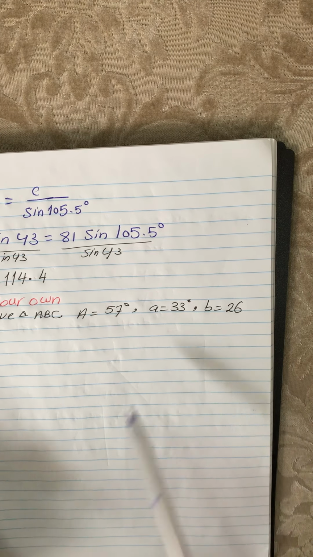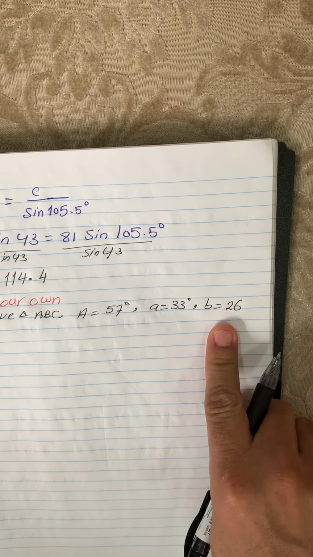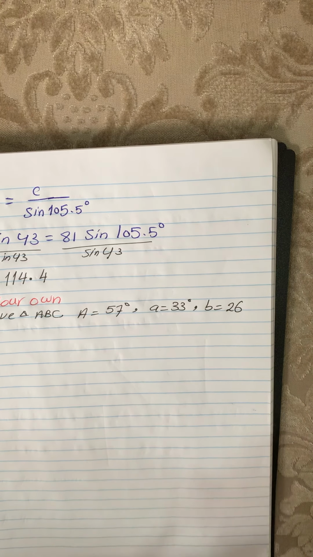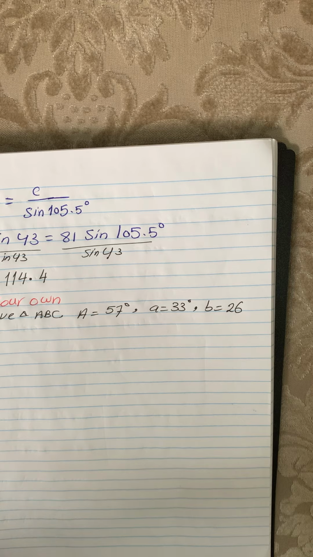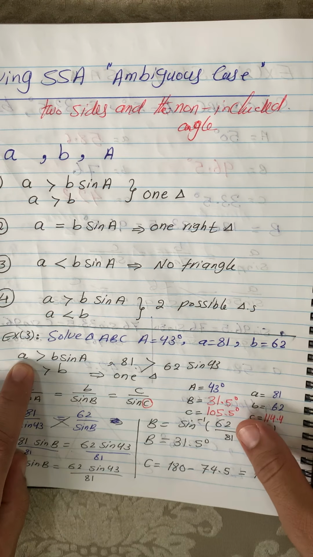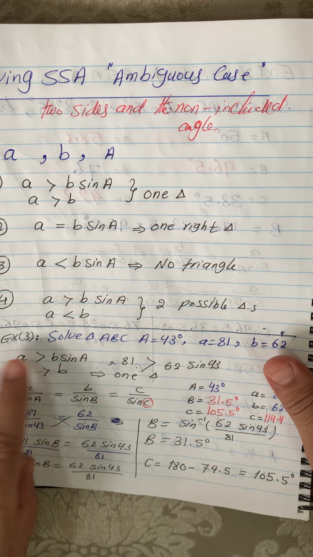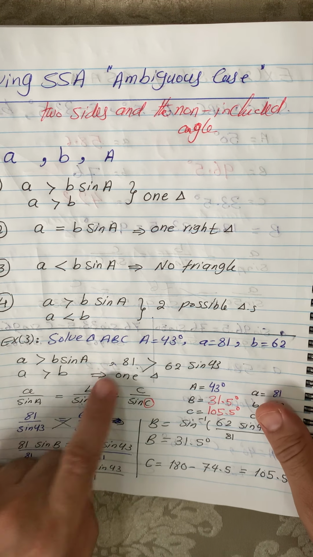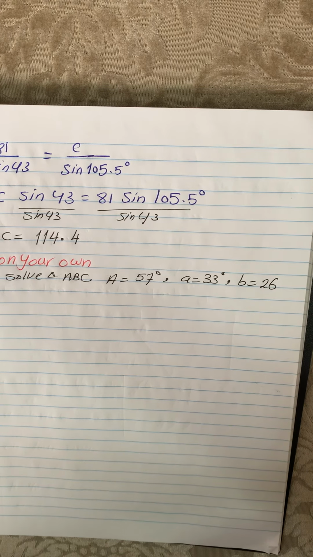We have here a small, b small, and angle A, so we have two sides and the angle which is not included. Follow the same way. You have to compare between a and b sine A. If a is more than b sine A, and a is more than b, we have one solution. Complete using the sine law. Waiting for your answers on WhatsApp.